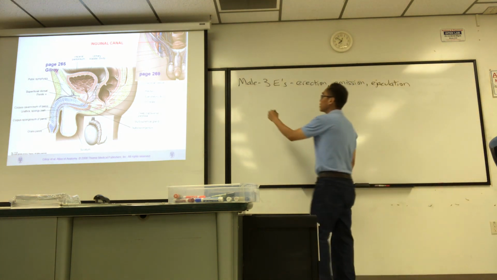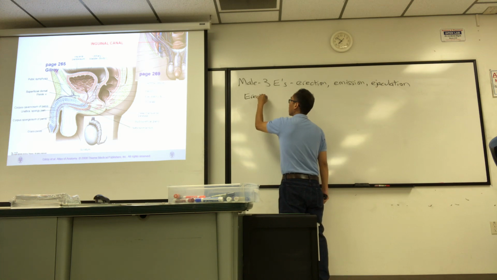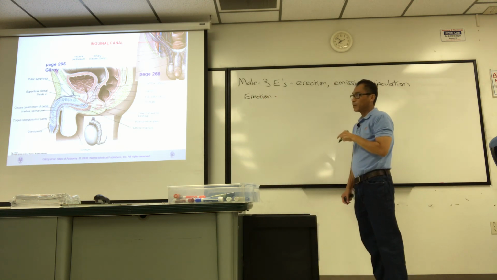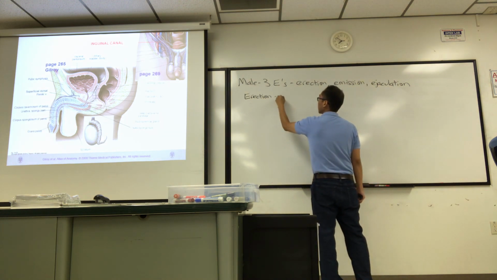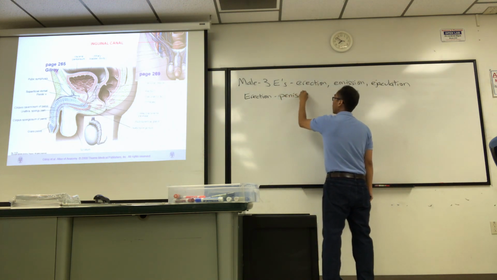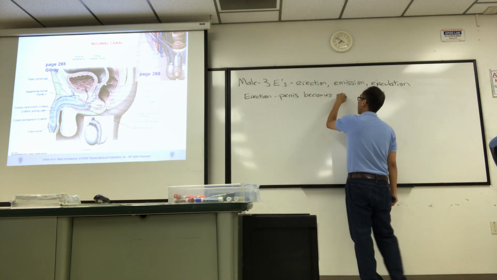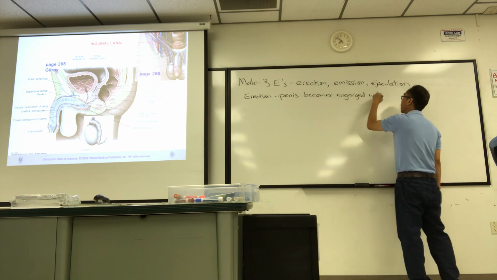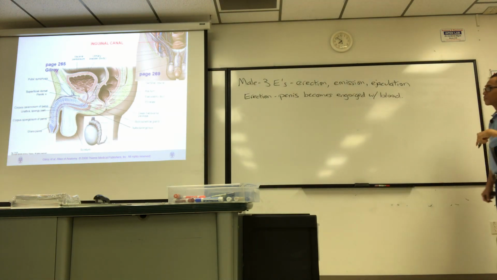Erection, it's when the penis becomes engorged with blood. For that to happen, the blood vessels, the arteries, need to vasodilate.